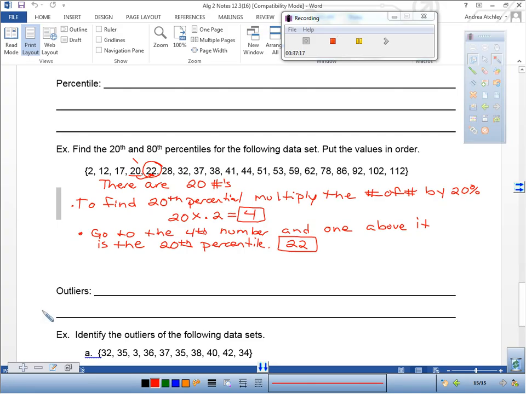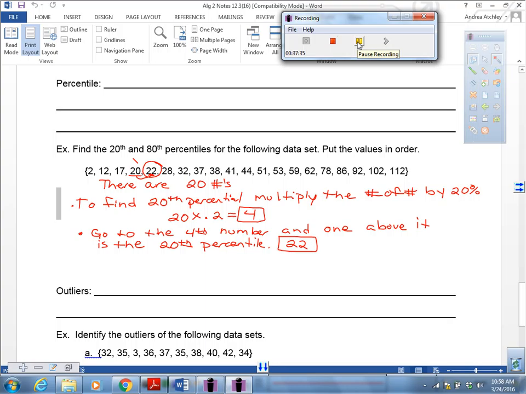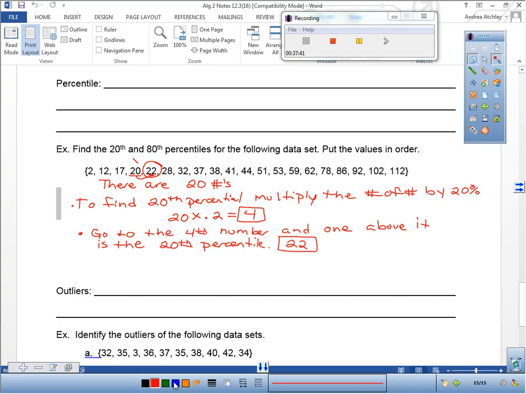Okay, so now find the 80th percentile, you guys. To find the 80th percentile, you multiply the number of numbers, which is 20, times 0.8 because you want the 80th percentile, and that'll give you 16.